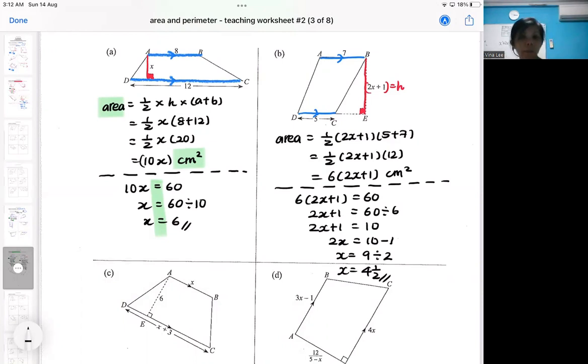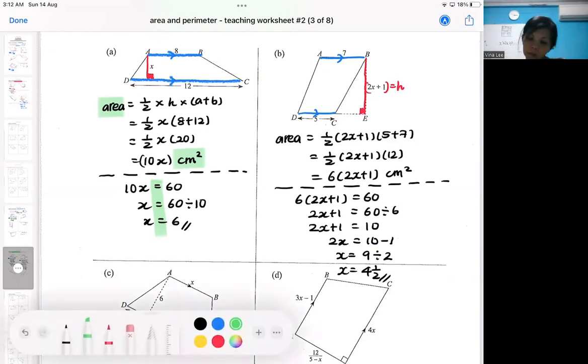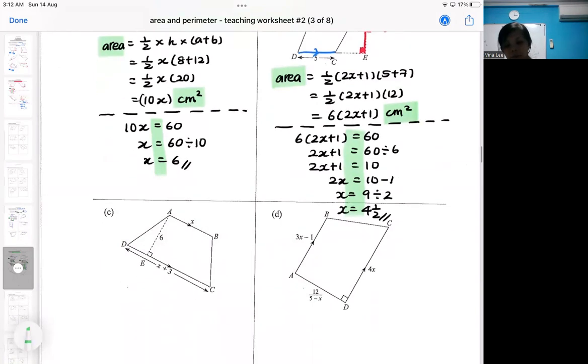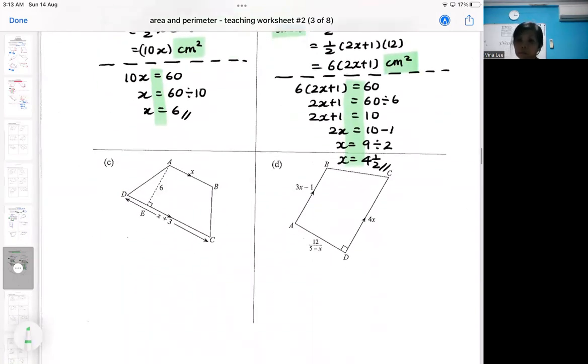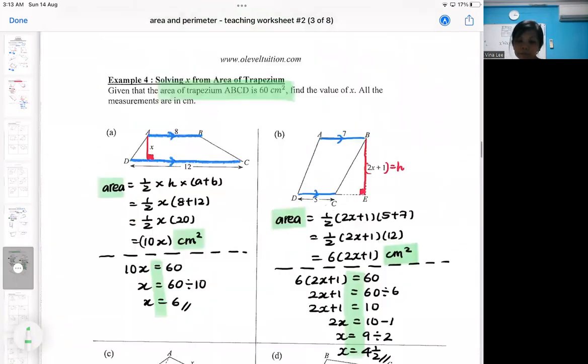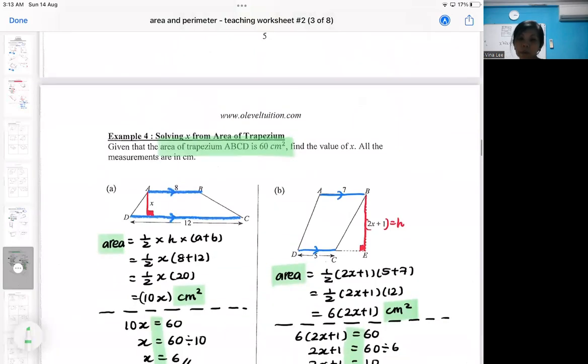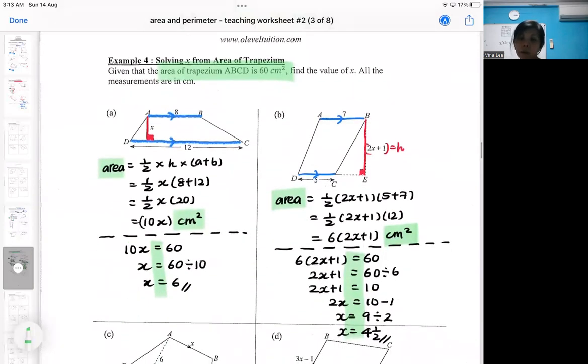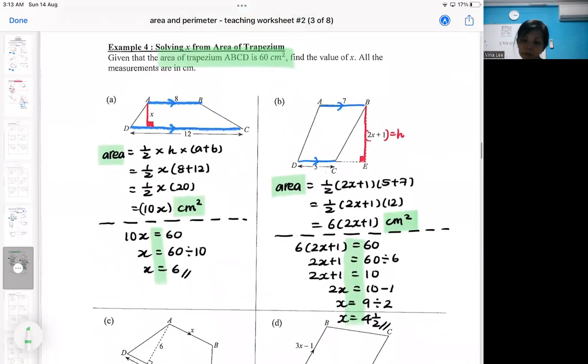So it just gets a bit longer. So area, label, and you do it as an equation. So there is some amount of solving for equations. So try to complete this. So these are the two shapes that you're going to learn from this part: the parallelogram, and then this part here is the trapezium.